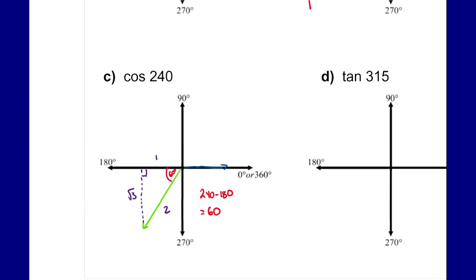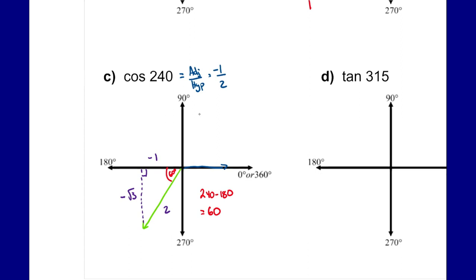Because it's cosine, cosine is equal to adjacent over hypotenuse, which is equal to 1 over 2. However, I forgot to make sure that because I'm in the negative, going to the left of the origin, that's going to be a negative 1. And because I'm going down, it's going to be negative root 3. So this is actually going to be negative 1 over 2.